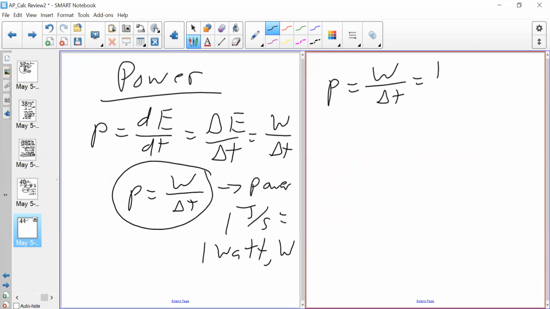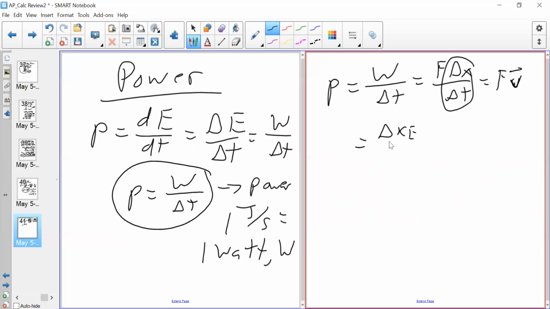F delta x over delta t. Well, we know this way back in chapter 2, that's velocity, so force times velocity. Another way of relating power. When you know force and velocity, you can get power. Work over time, you get power. Same thing.